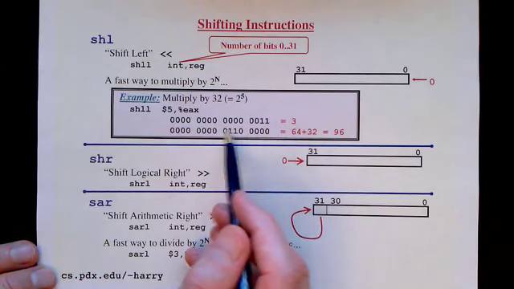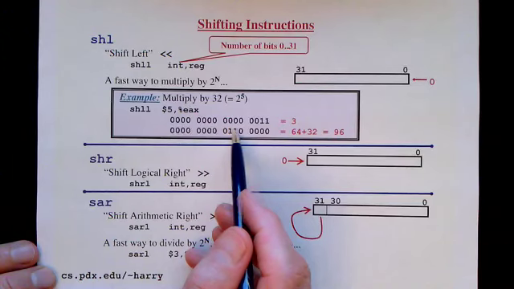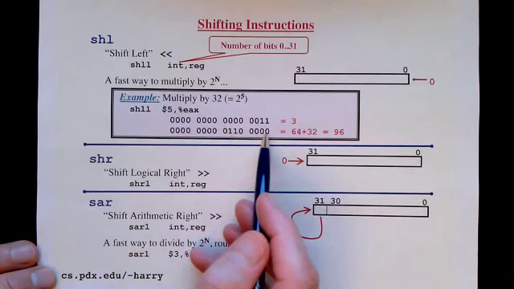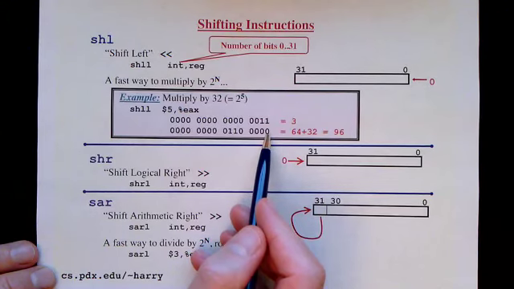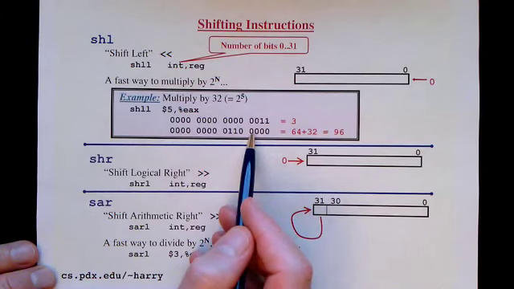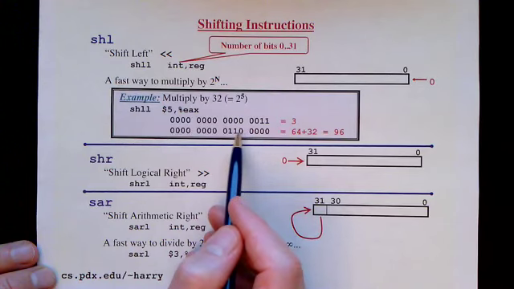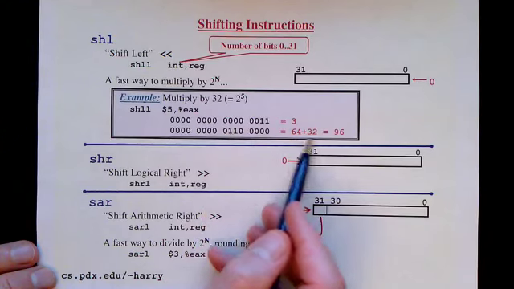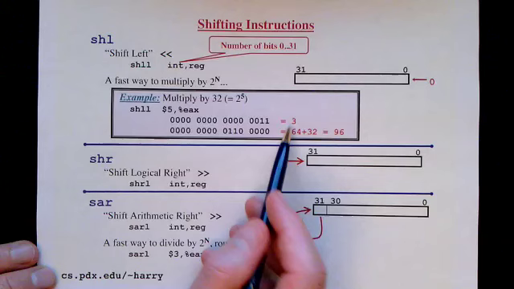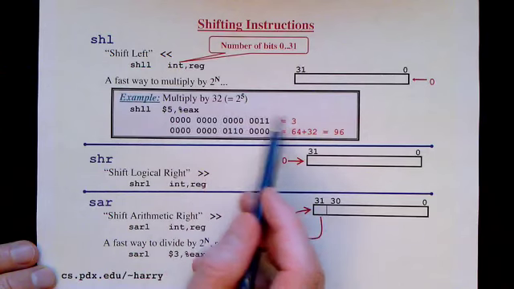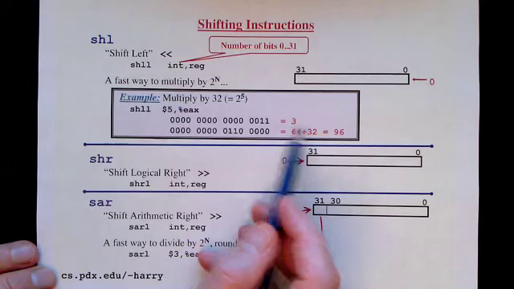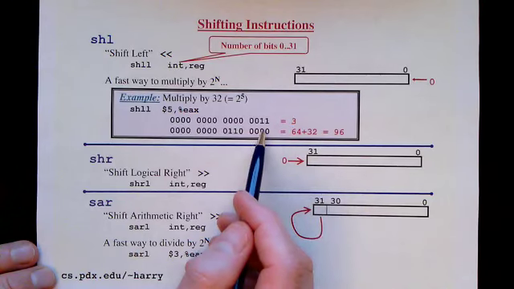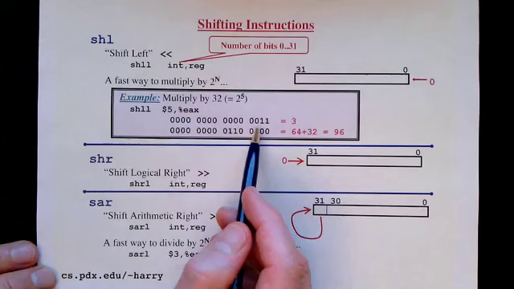If we shift it left 5 positions, we get a number that is, well, let's talk about our place values. 1, 2, 4, 8, 16, 32, and 64. So we have 64 plus 32, and that's 96. Well, if you multiply 32 times 3, you get 96. So in fact, yes, we have multiplied this thing by 32.